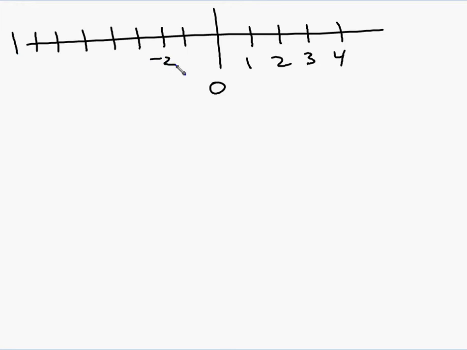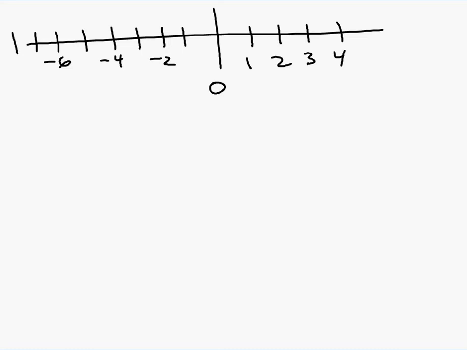Here's negative 2, here's negative 4, here's negative 6. If I am talking about what number is bigger than another number, and I'm looking at this number line, let me just throw two numbers up there.